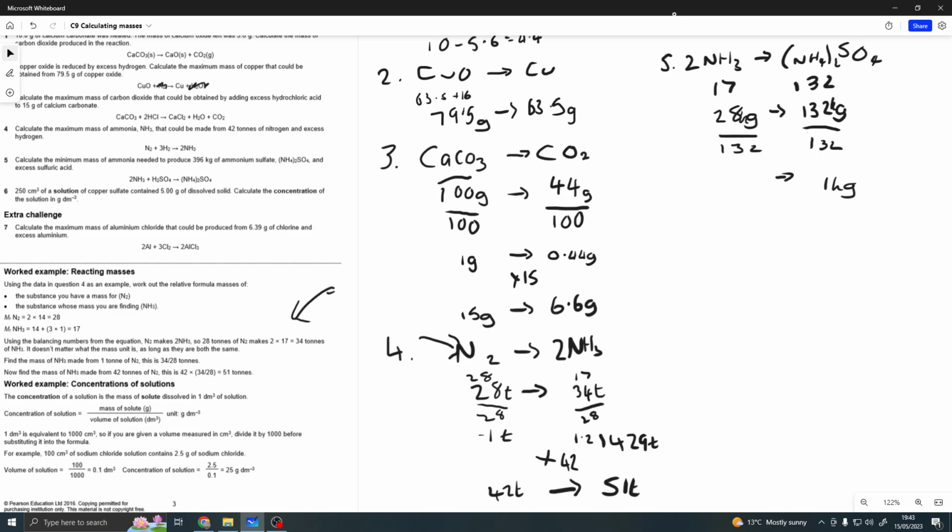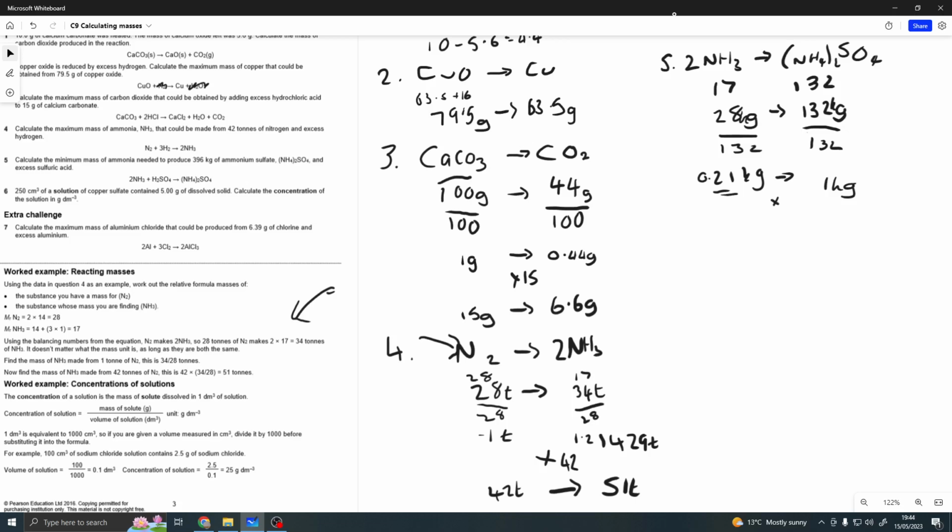Now 28 divided by 132 is 0.21 essentially. There's lots of 2121s there. I'm going to leave that value in my calculator to use later. So 0.21 essentially kilograms of this will make 1 kilogram of that, but I need to know how much of this we need to start with to make 396 kilograms of that.